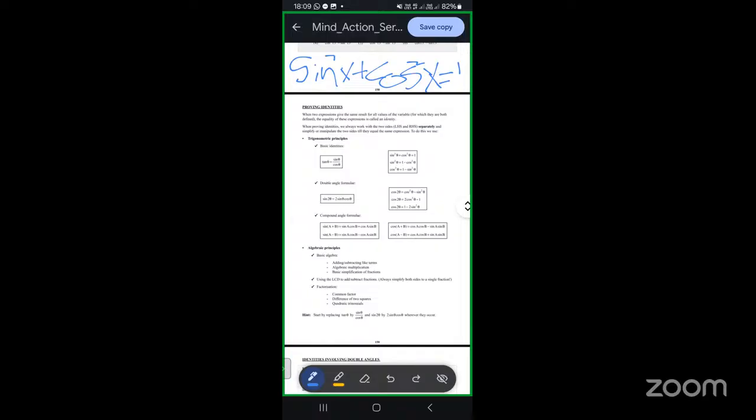Or if you see 1, you can also write that in reverse: you can write that 1 as sine squared x plus cos squared x. Then maybe you can collect your like terms, depending on what you will be having in the equation at that time. But okay, you understand this part.